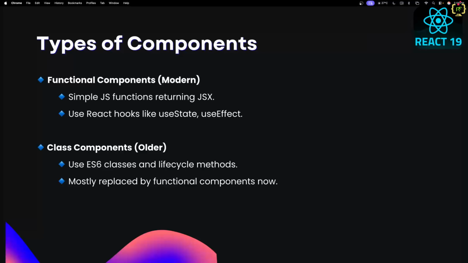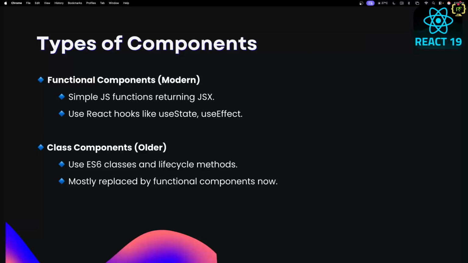So these we will see in the upcoming episodes, because this is our basic React episode, okay? And the second one is the class components, that is the older one, which use JavaScript ES6 class-based methods. And nowadays, this class component is mostly replaced by the functional component.